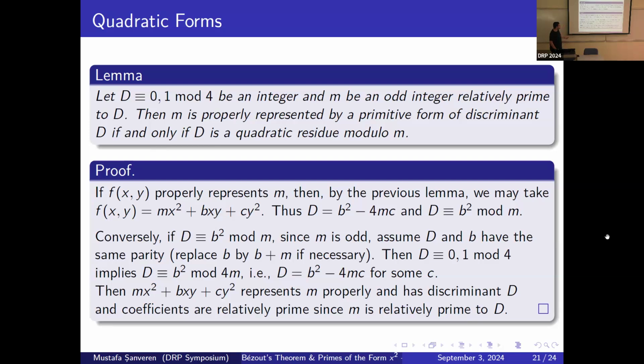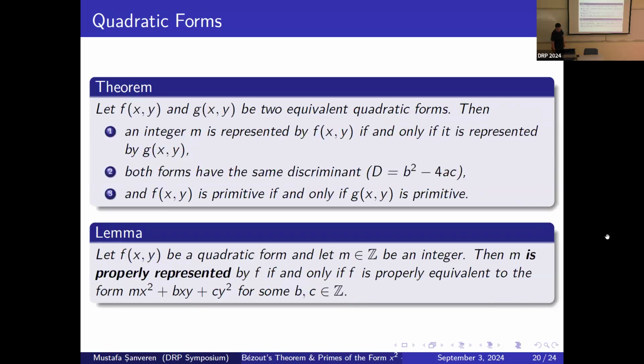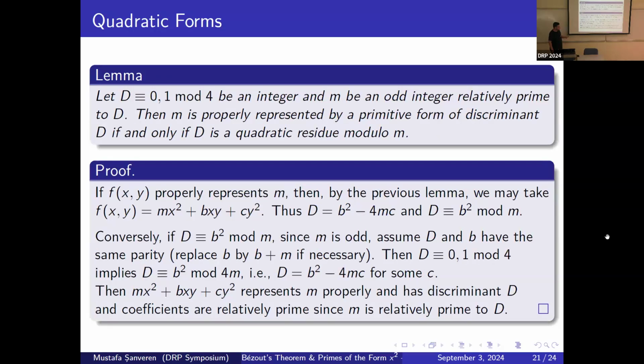Here's the proof. If f represents m, then by the previous lemma, we know that f is properly equivalent to this form. By using that, we know that the discriminant is equal to b squared minus 4mc for this form, and d is equal to b squared mod m.